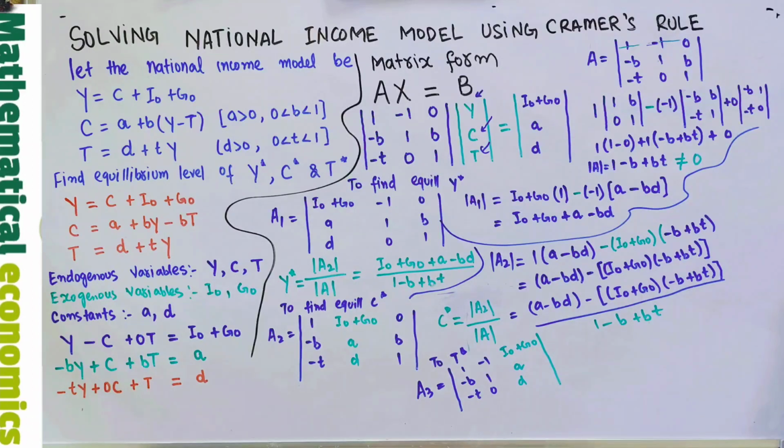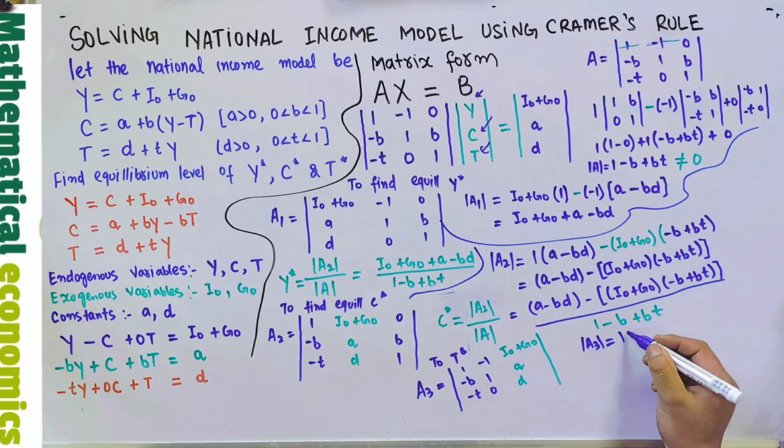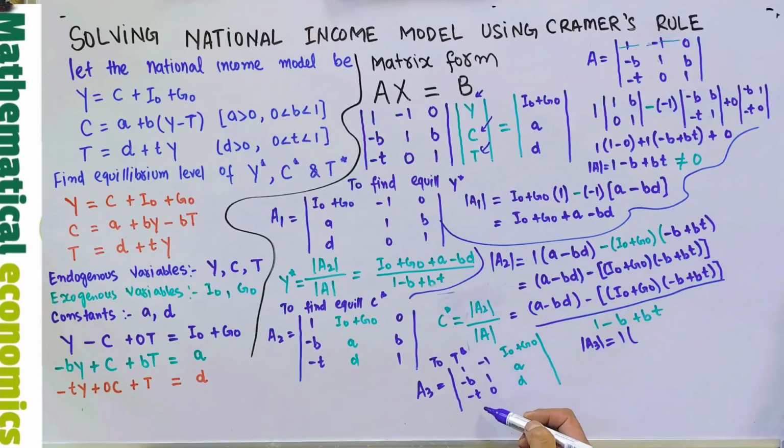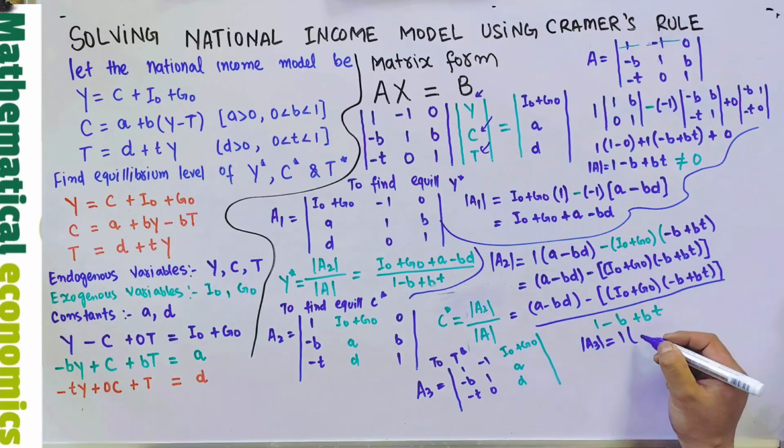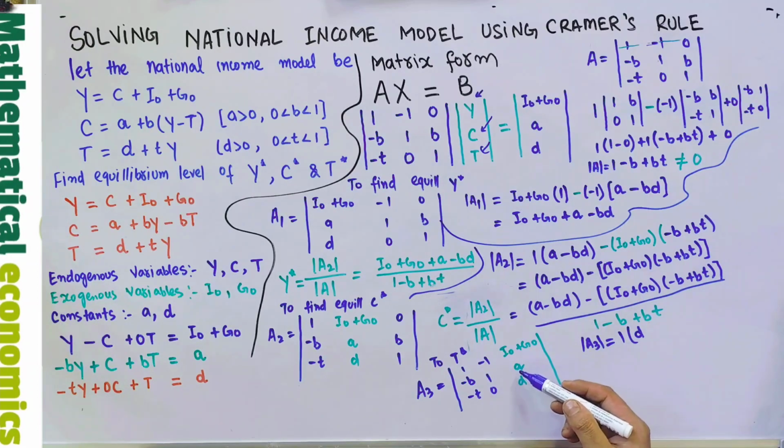Then we need to take the determinant of A3. It will be a simple thing. We write the first element, then we delete the row and the column in which it appears and take the determinant of the remaining elements. So 1 into d is d only, and 0 into a is 0, we will not write that.